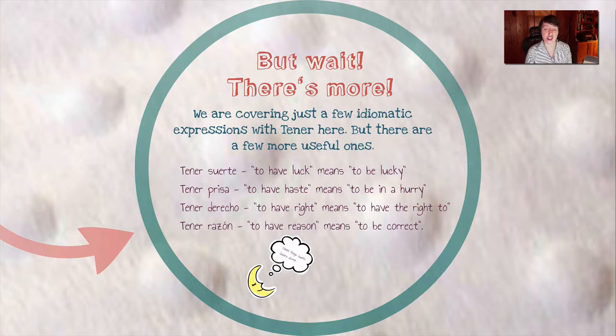Tengo derecho. And that often comes with a. So I might say, tengo derecho a vivir. I have the right to live. Or you might say, el niño tiene derecho a estudiar. The child has the right to study.